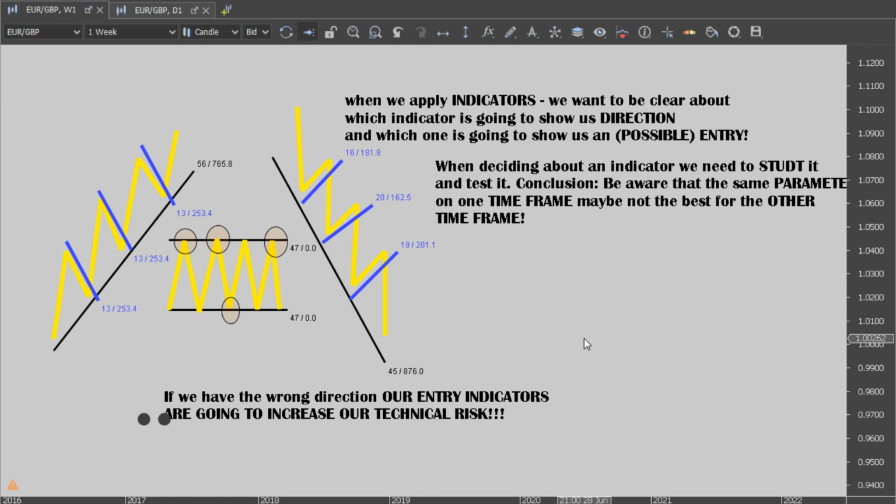And the most important one, you need to remember that if your indicator or your strategy is going to perceive or determine the wrong direction, you are going to increase the technical risk. So indicators can help you, of course, but indicators can also harm you.